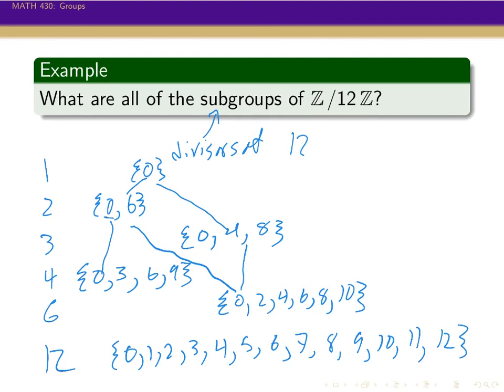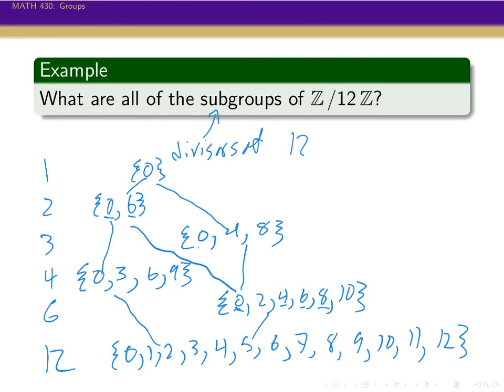And you have 0 and 6 inside there, and 0, 4, and 8 inside there. The subgroup of order 2 and the subgroup of order 3 are both subgroups of the group of order 6. And then all of these now are subgroups of the group of order 12.